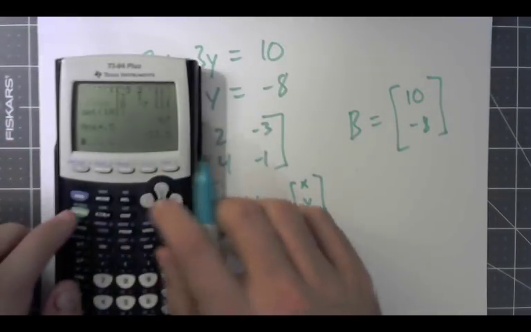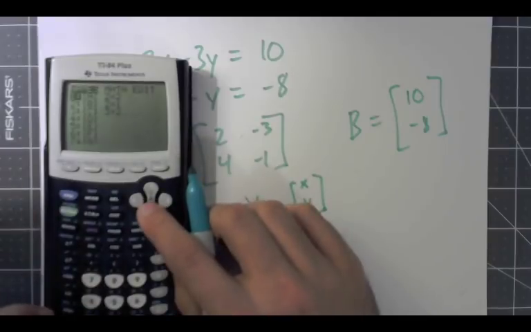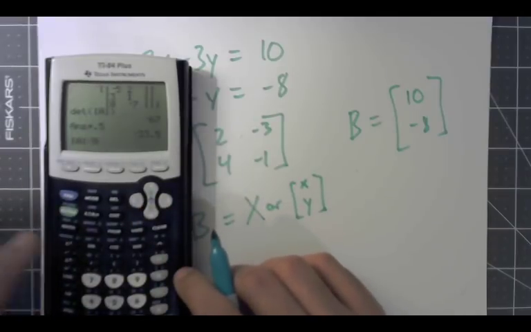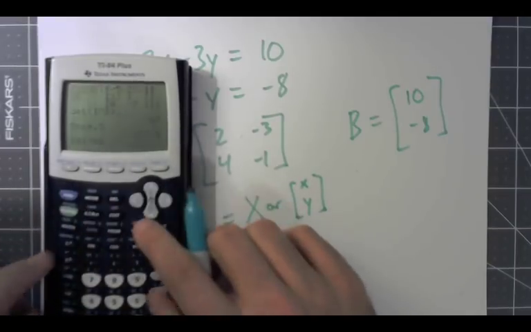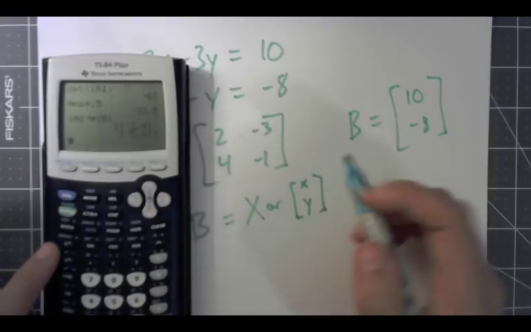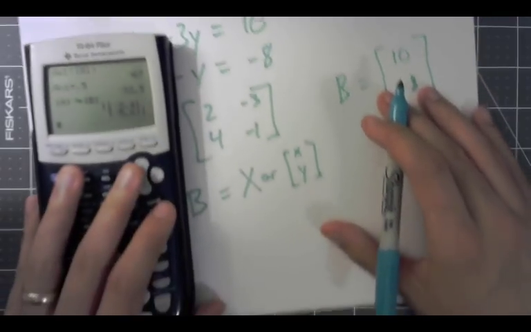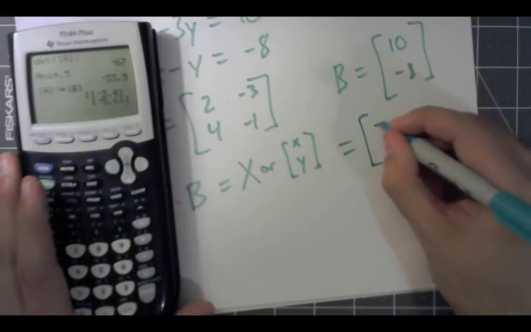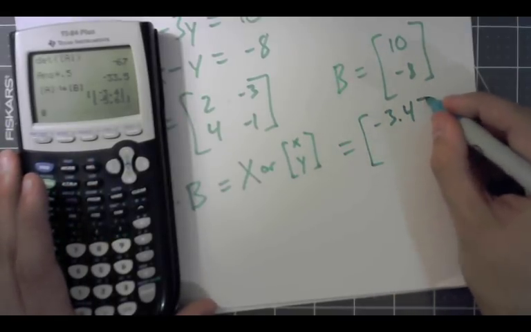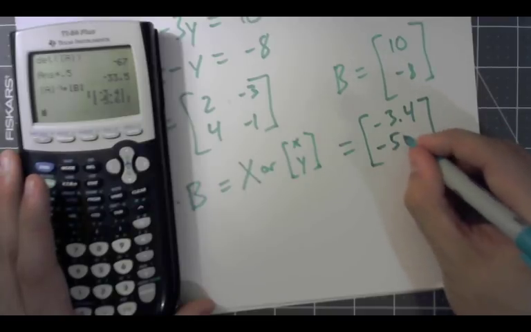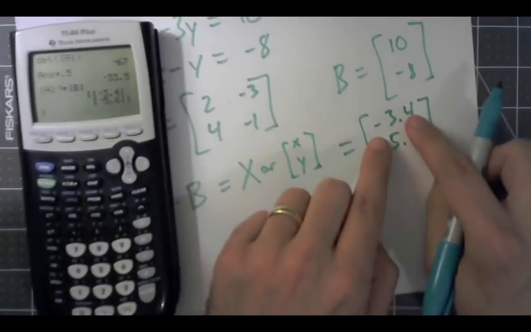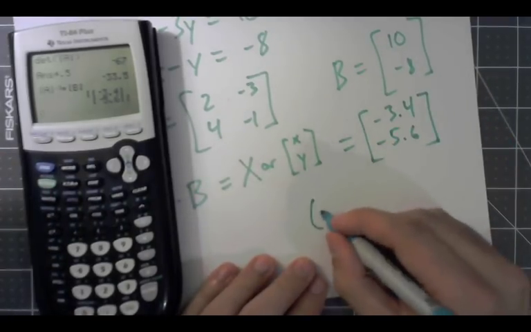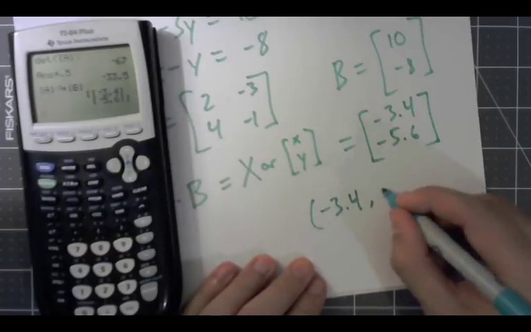All right, so I will quit and go matrix A inverse times matrix B. And I get some strange decimals, -3.4 and -5.6. And this is our X value, so this is our point, -3.4 comma -5.6.